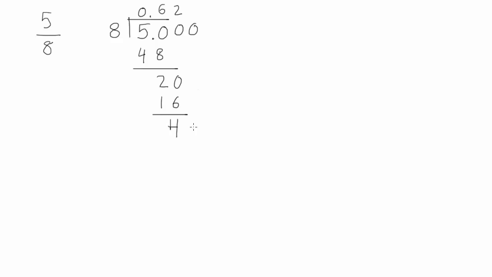We bring down another decimal 0. 8 goes into 40 5 times. And now this time our remainder is 0, so we can stop here. So 5 divided by 8, we can write that as 0.625.